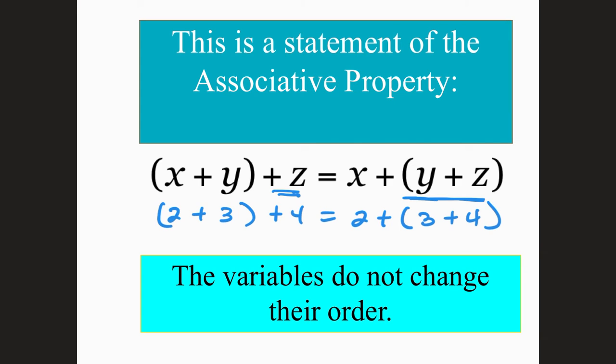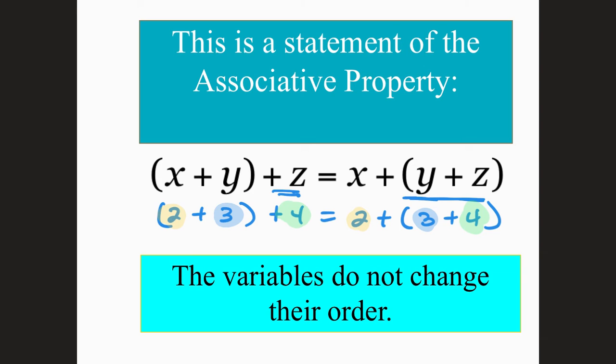And so what we're saying is that the variables, they're not moving. You can track them, let me use the highlighter. I have 2 here on this spot, and I have 2 here. And then I have 3 on the second spot. Well, 3 is on the second spot here too. And 4 is on the third spot here. So here's 4 on the third spot. So the terms are exactly in the same spots.